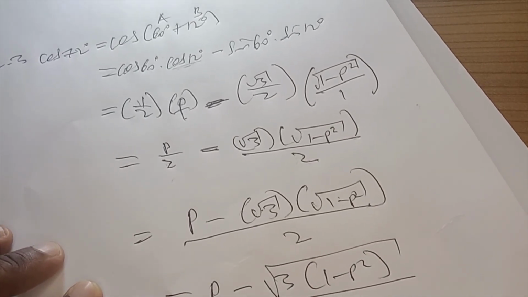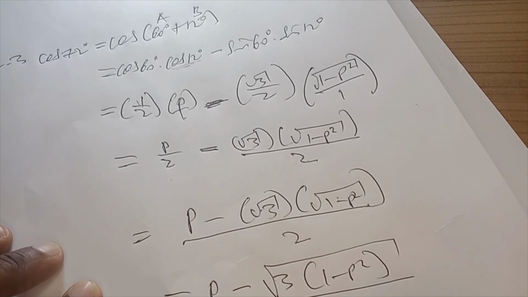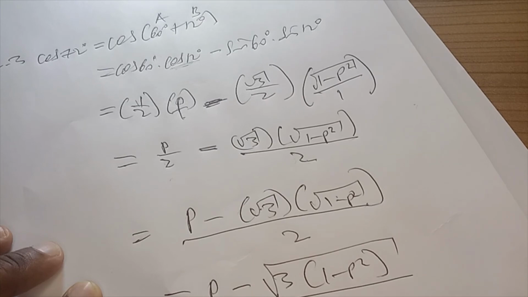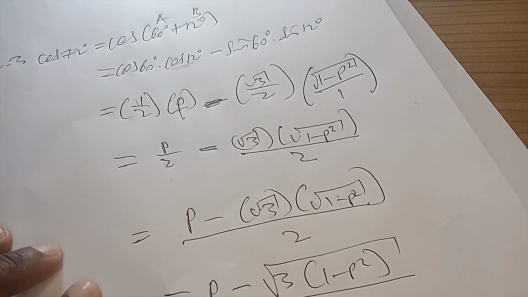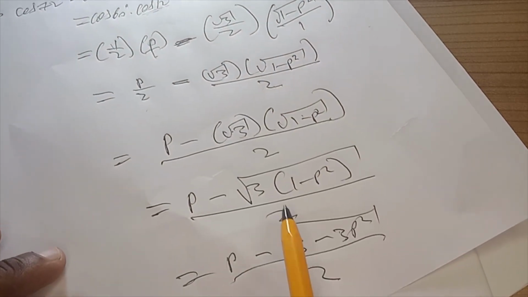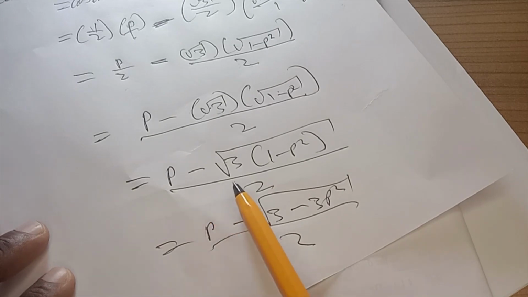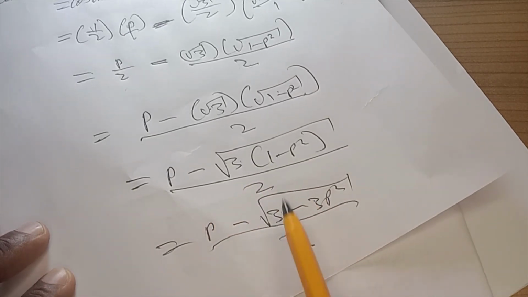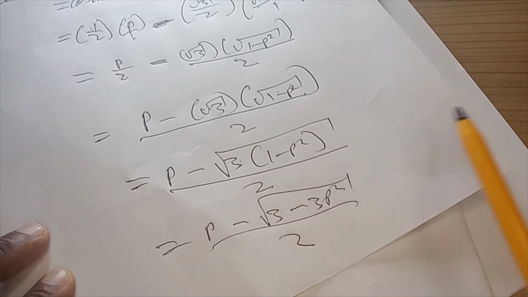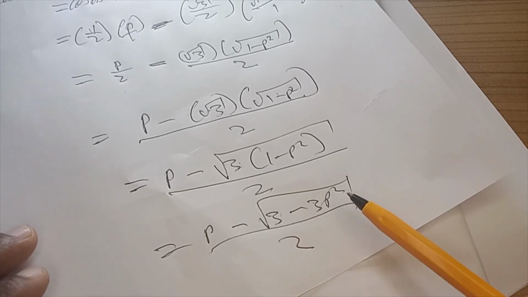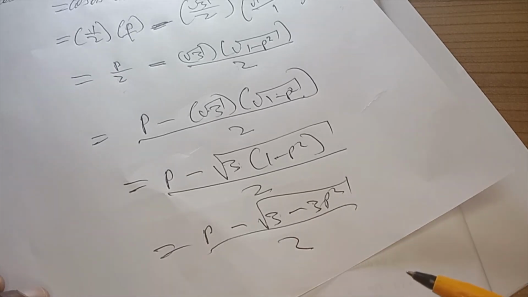Then you can have it like 3 minus 3p squared. We have done the distribution here: 3 multiplied by 1 gives us 3, and 3 multiplied by negative p squared gives us negative 3p squared.